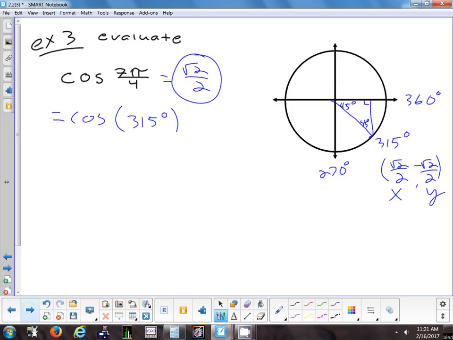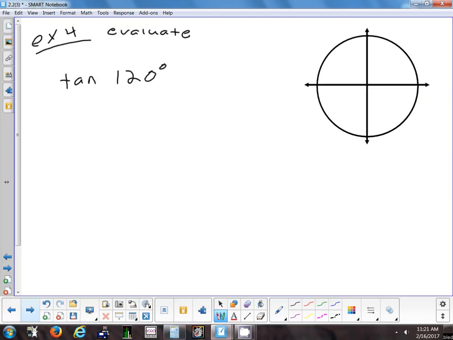Any other questions about working with 45? I think the 45 is a little bit easier because both the numbers are always root 2 over 2. You can't really mix that part up. When we start working with the 30s and the 60s, then we have to make sure we get the order correct.